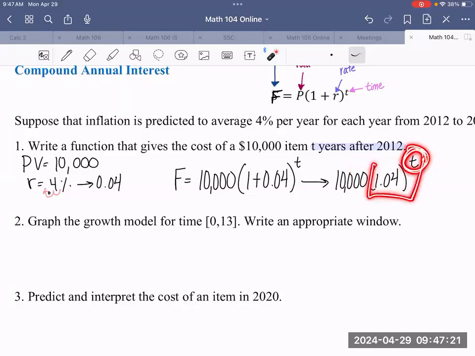So based on that variable, it will change the amount that comes out. So now let's graph the growth model for time 0 to 13 and find an appropriate window.